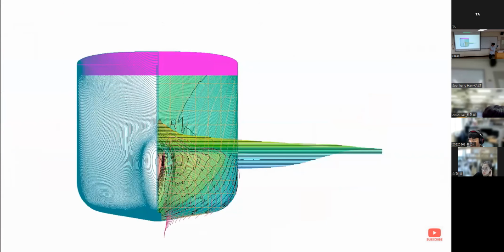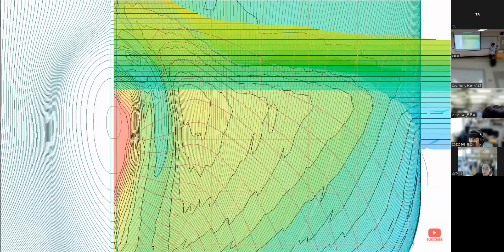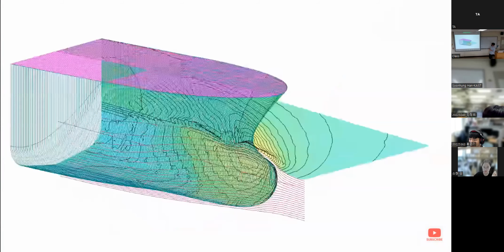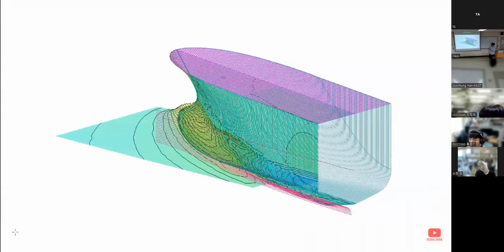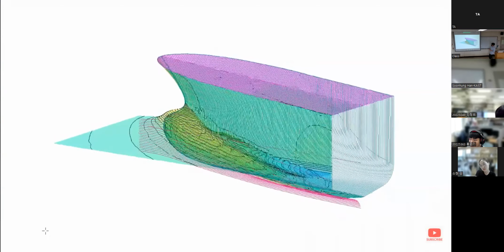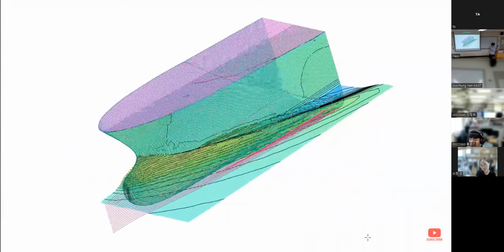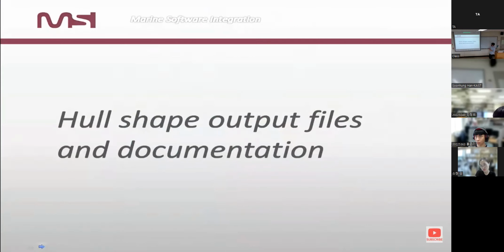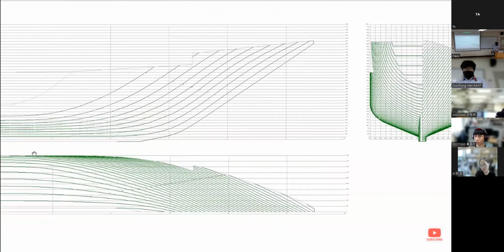Waves pattern, pressure distribution around hull, streamlines show us area of the hull surface we can improve. After several CFD runs, hydrodynamic quality will be optimized. Hull shape output files and documentation. Output documentation can be presented in several different documents. It can be classic.